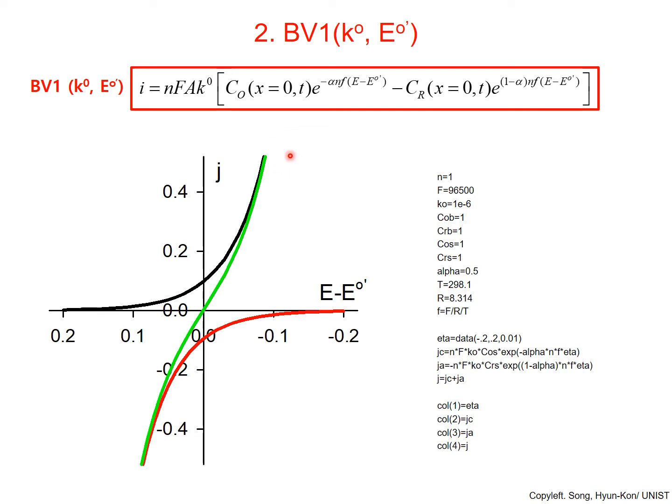And then let me return the potential from the negative potential to the positive potential. So the cathodic current decreases along the potential scan, and the anodic current would increase exponentially. So finally, at the very positive potentials, you could have the oxidation, of course. That is the Butler-Volmer equation for the charge transfer limited systems.